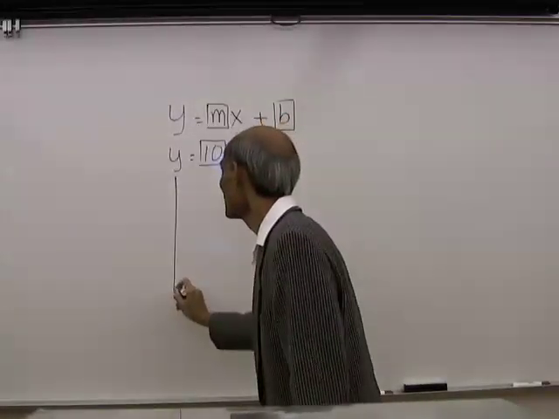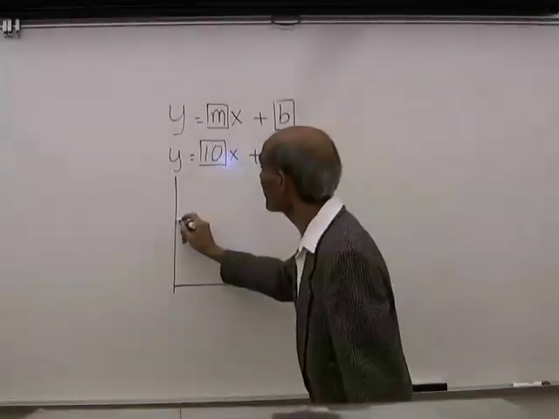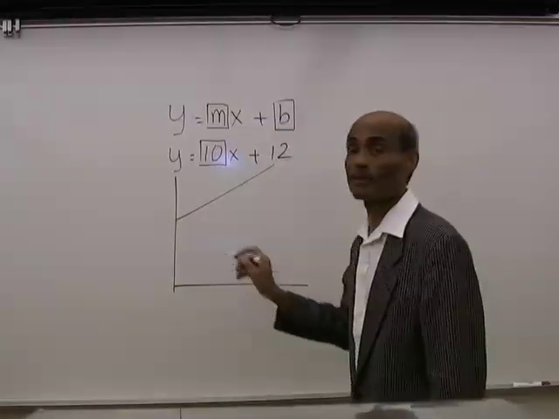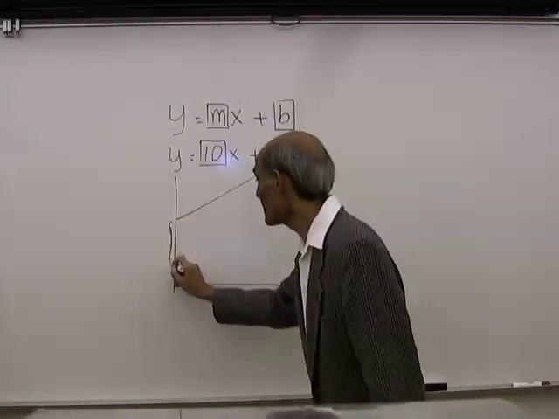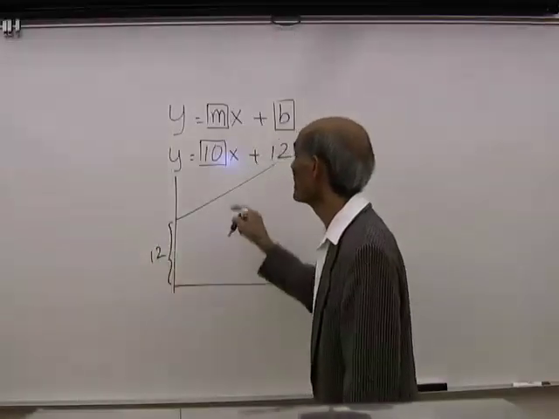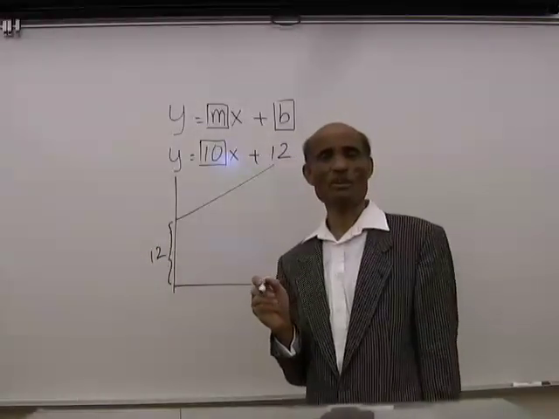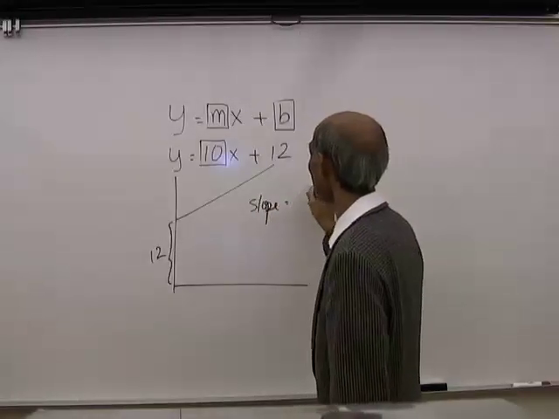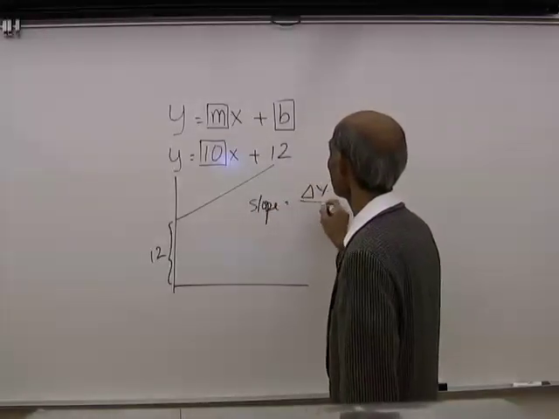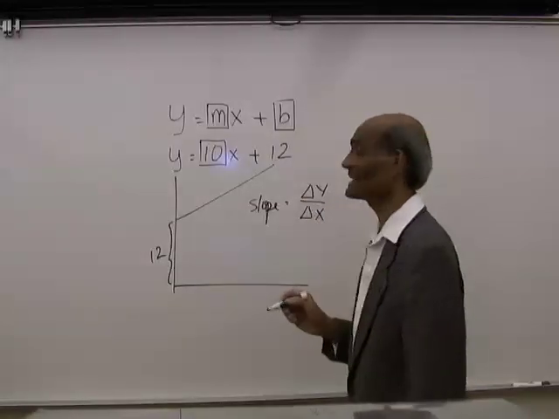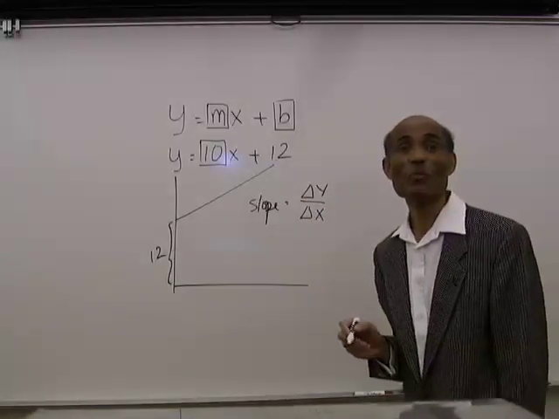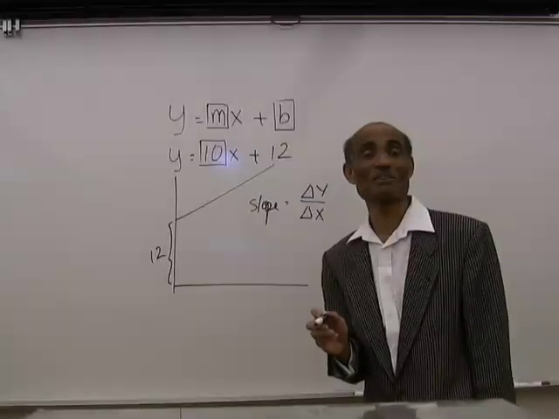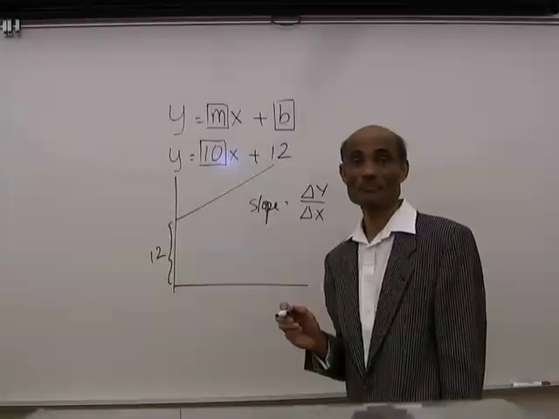Is that right? So the graph will look like this, where the y-intercept will be 12, and what is the slope? The slope is, well, you need to know it very well. Delta y divided by delta x, the change in the y value divided by the change in the x value.